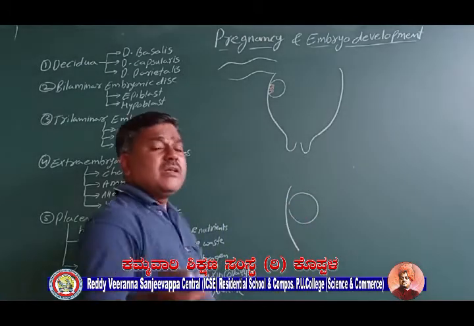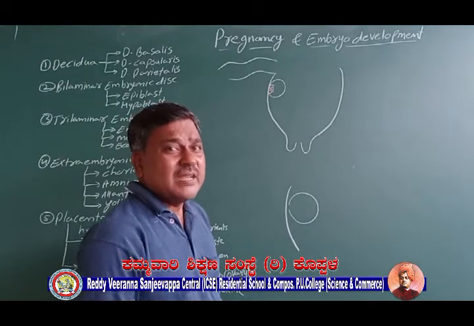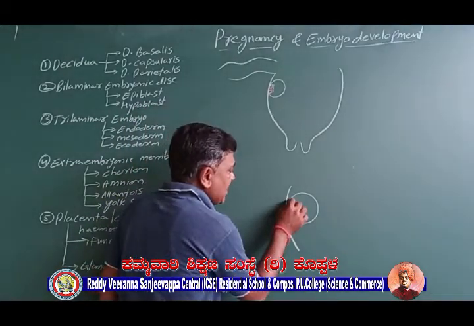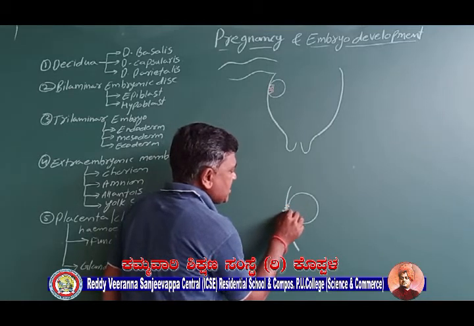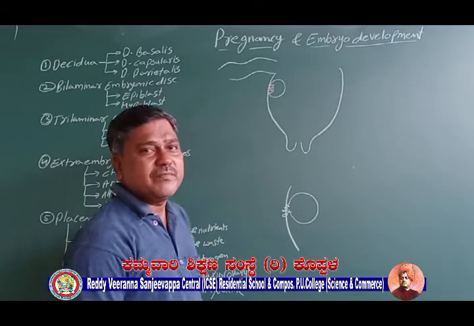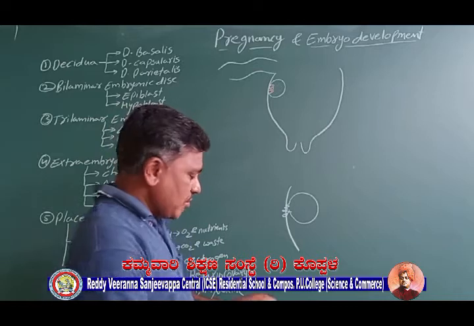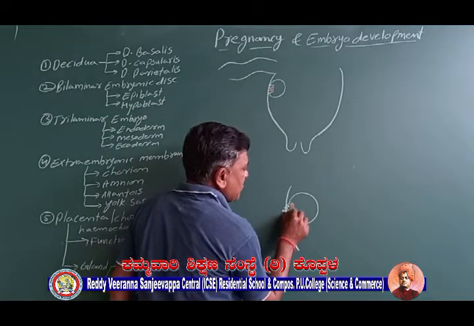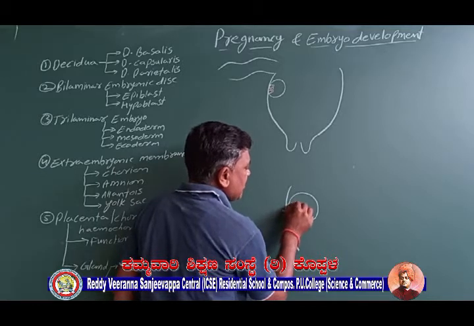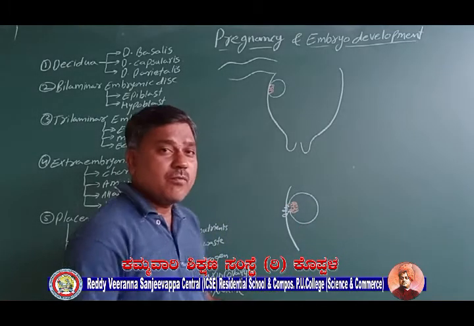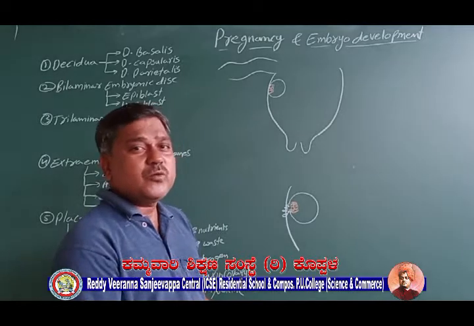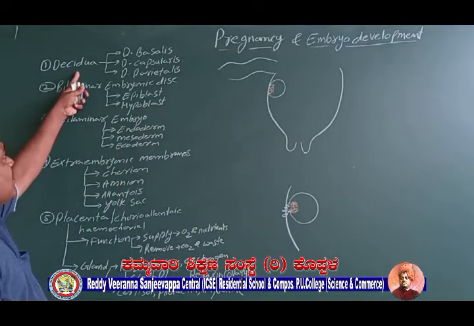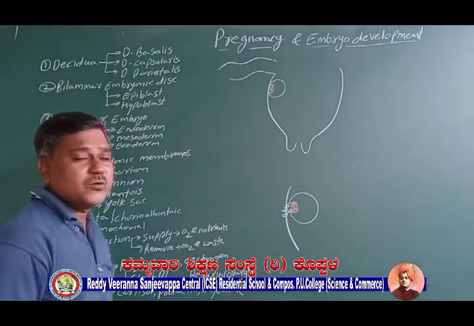Now some of the trophoblast cells develop finger-like projections, and these finger-like projections we call chorionic villi. And here there is the inner cell mass. Now we will move towards the next point, how there is a formation of decidua.